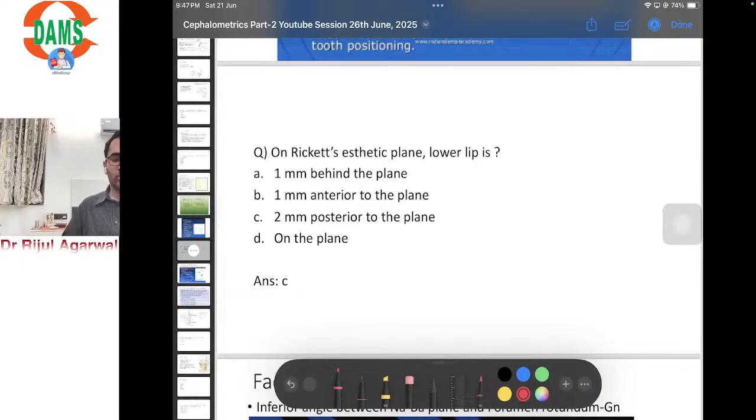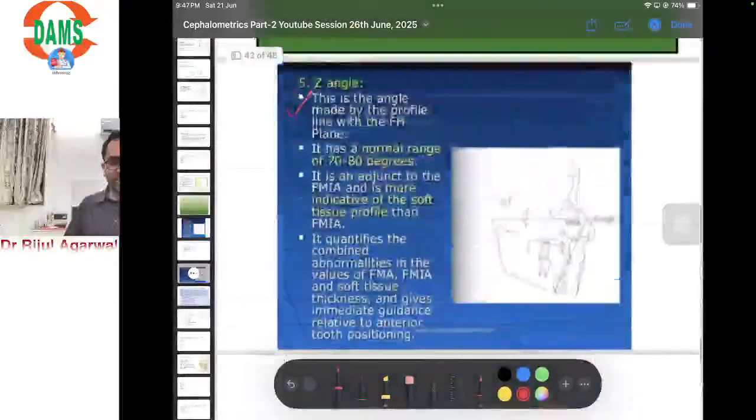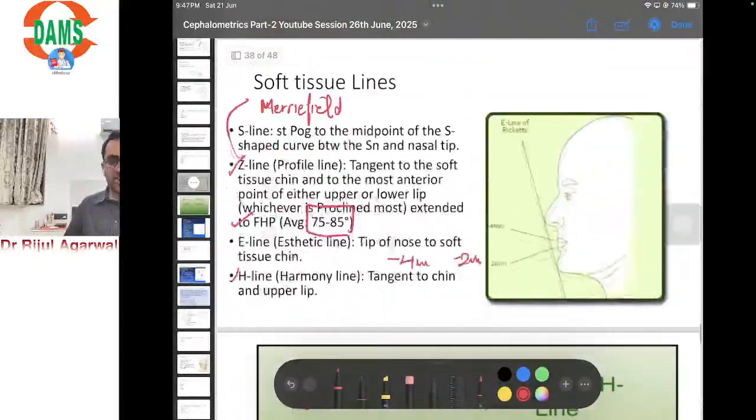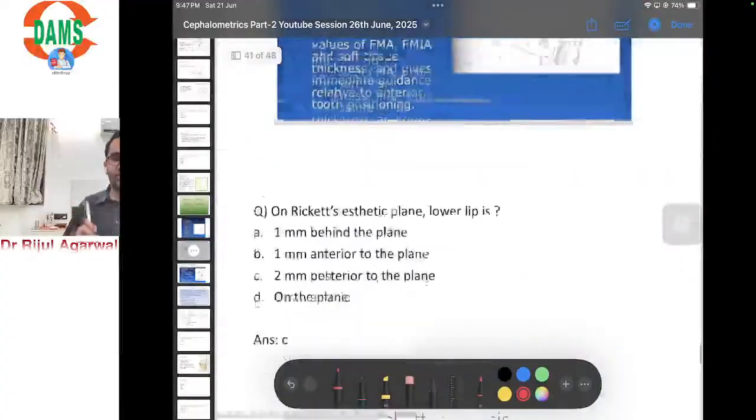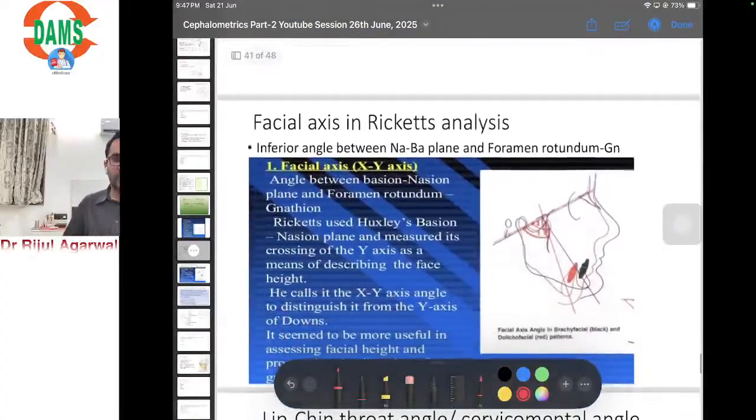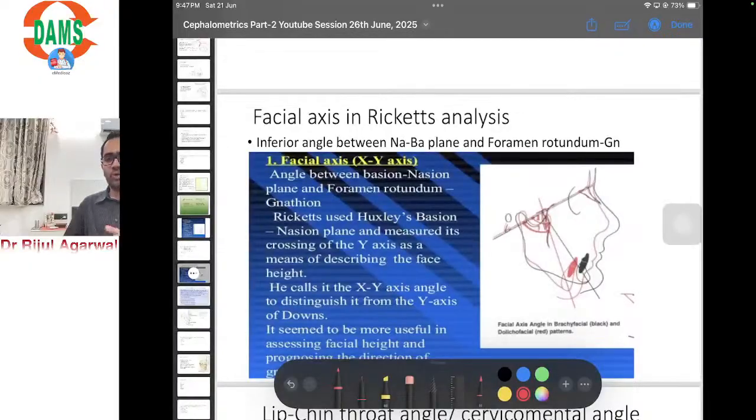As the question, the Ricketts aesthetic line or E line, the lower lip is 2 mm posterior to the plane. The day before yesterday someone asked me this question, so I have cleared it. Just remember, these 2 slides are very important. Before the exam, on the day before, in ortho, definitely include these soft tissue lines.